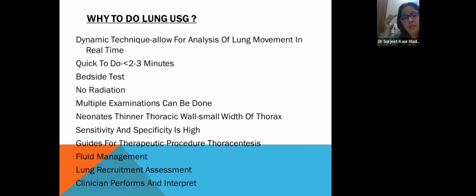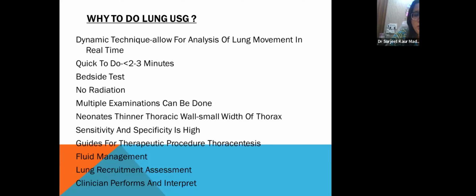What are the advantages of lung ultrasound over CT? Lung ultrasound is a dynamic technique and allows analysis of lung movement in real time. You can see what is happening in the lungs at that moment. It is a very quick process; it hardly takes 2 to 3 minutes to complete a good comprehensive lung ultrasound. It's bedside, with no radiation, so you can do it multiple times.